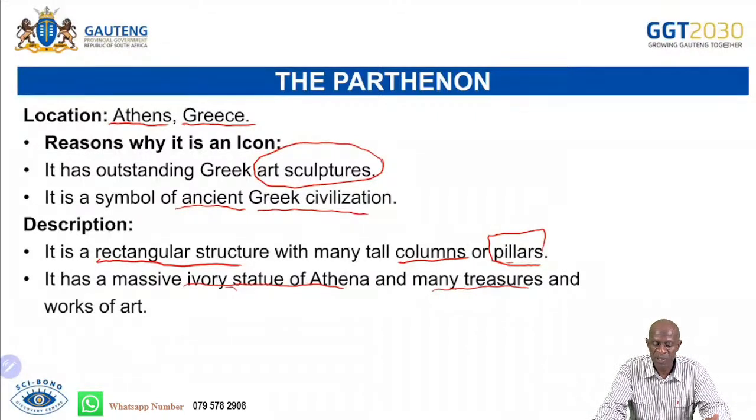Athena, it's one of the wives of the kings to have ever existed in Greece. So it has such an ivory statue of Athena.